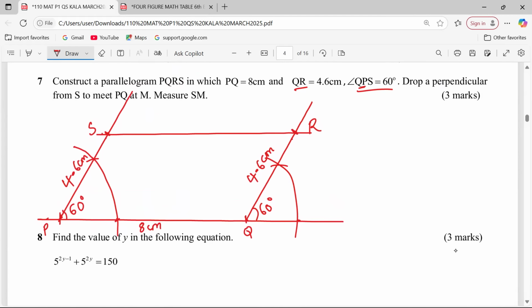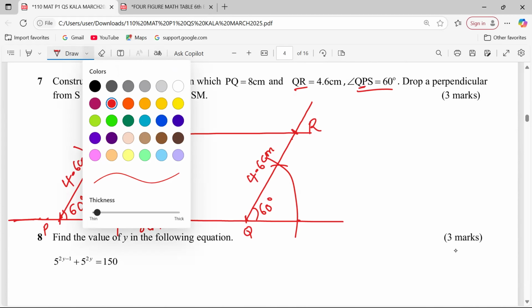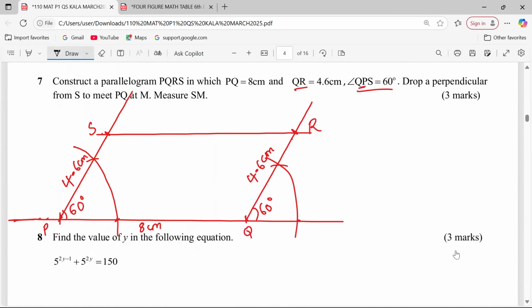Then what else are we told to do? We read again the question. Drop a perpendicular from S to meet PQ at M. So standing at S, we are supposed to drop a perpendicular, from a fixed point to a given line.